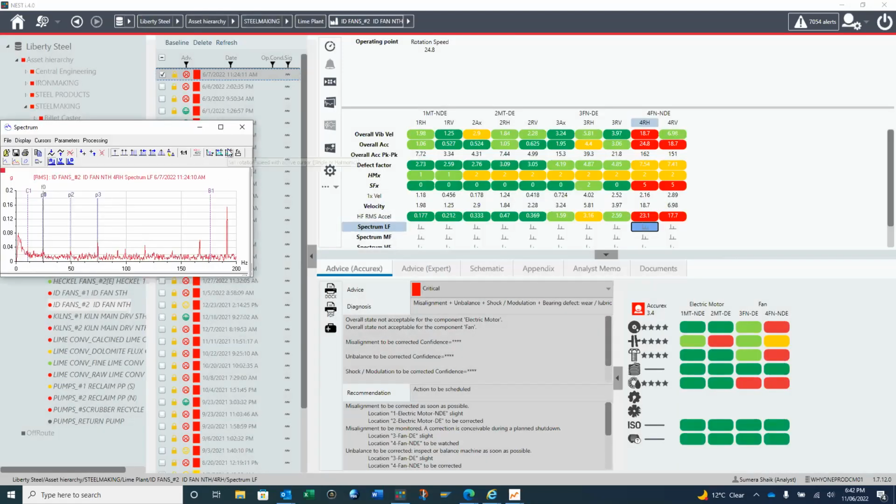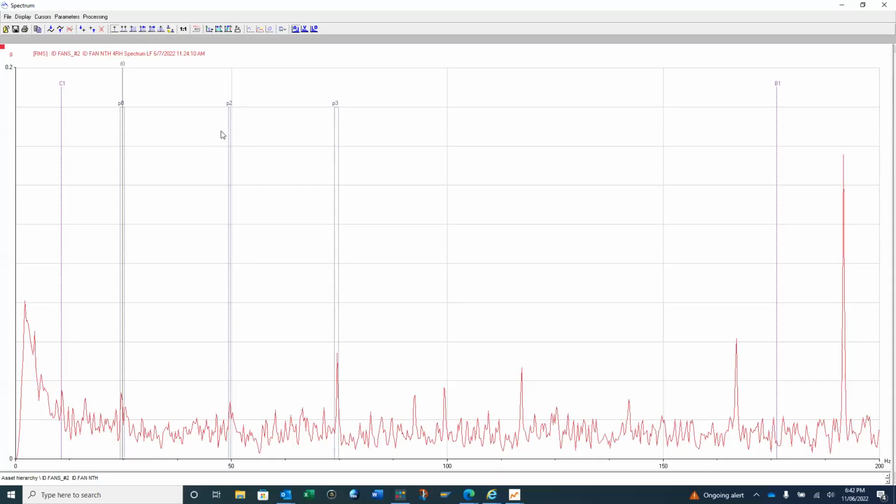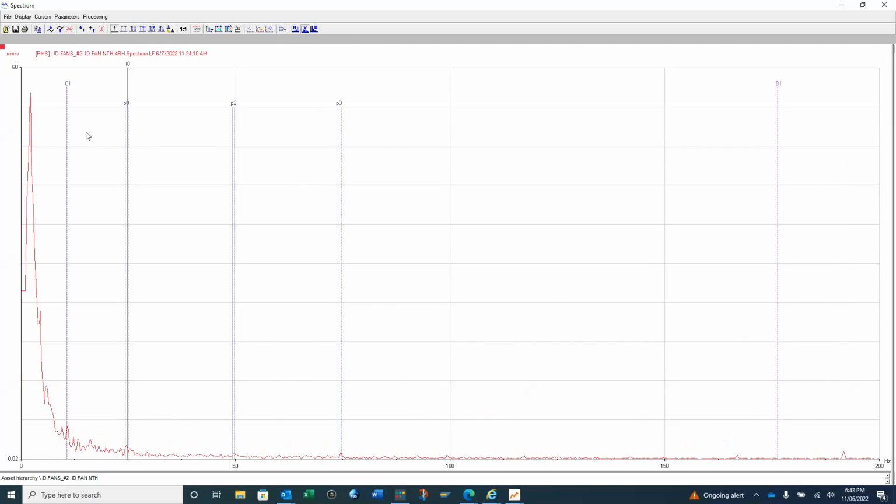Yeah, this is the trend. Low frequency. So this is the low frequency. Is it 0.2 Gs or mm per second? No, 0.2 Gs. Yeah, this is mm per second. How much is one? 60. What peak is this?